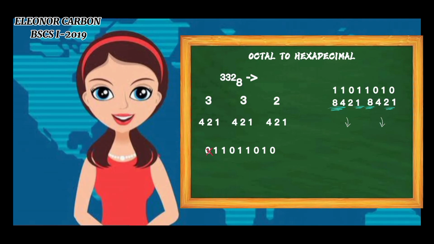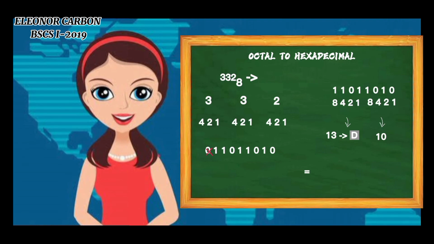8 plus 4 is 12, and 12 plus 1 is 13. Now, here is this is 8, 4, 2, 1. So we have a 1 next to the 8 and a 1 next to the 2. So 8 plus 2 is equal to 10.